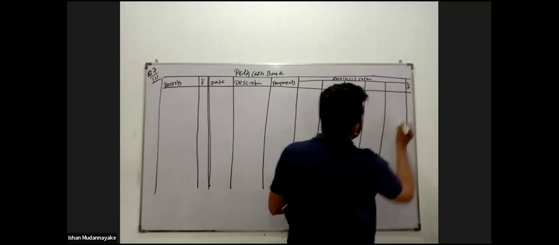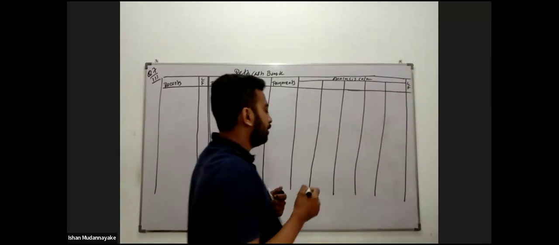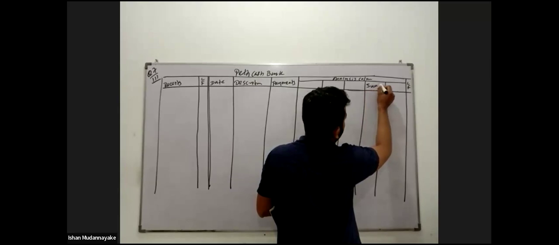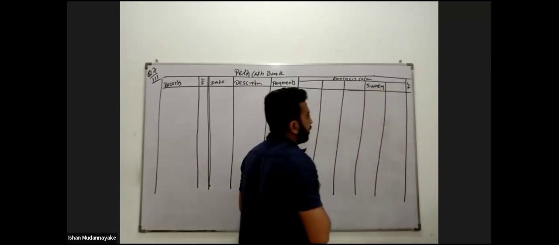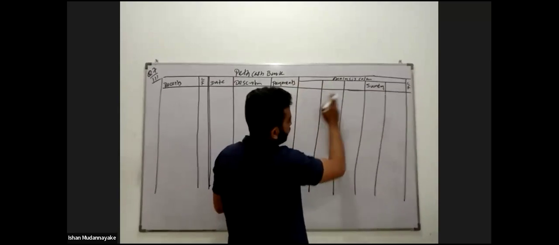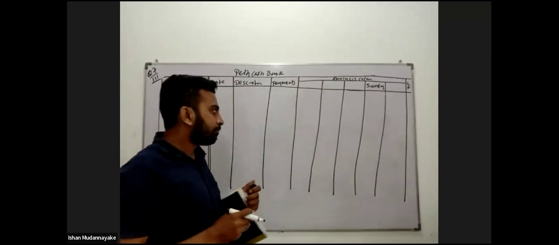LF. This column is to write down sundry expenses. Sundry means miscellaneous. Sundry is easy. Here, postage, traveling, stationery. We classify.